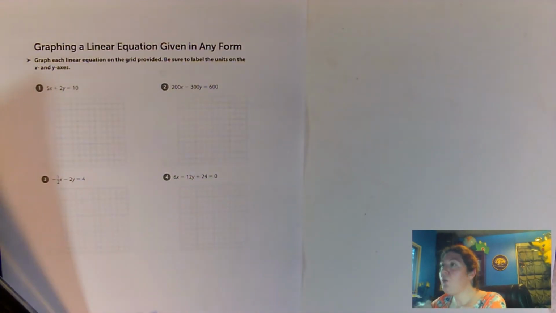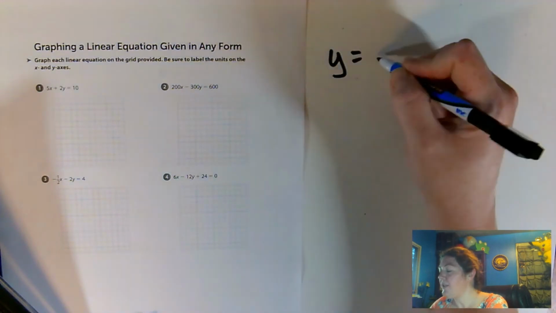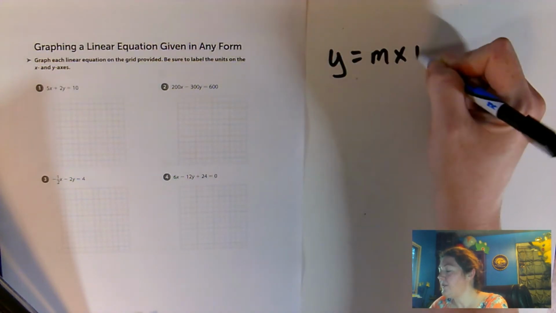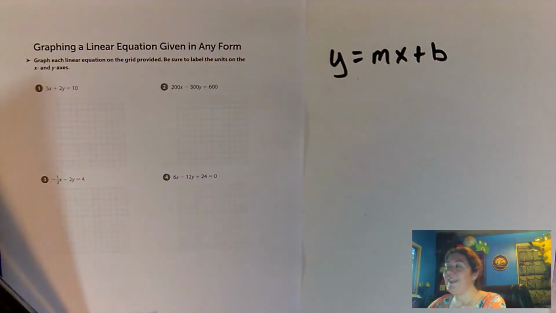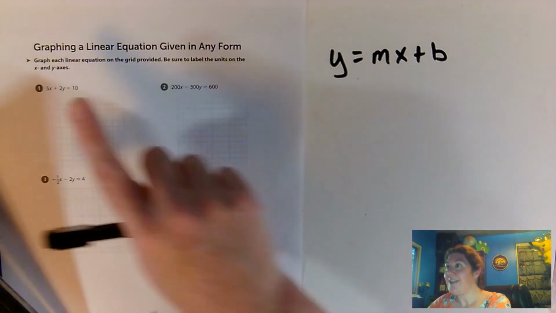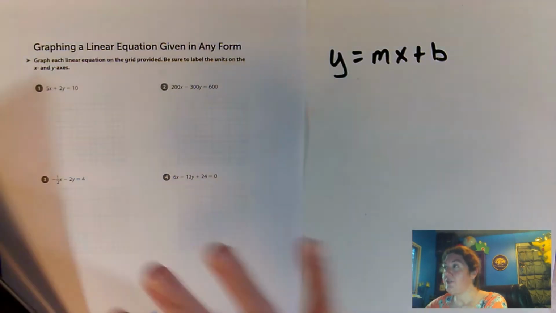Alright, when we're graphing an equation, the easiest format we can put an equation in is our very best friend, y equals mx plus b. This form right here allows us to put an equation on a graph. It's the easiest way to do it. So if we have an equation like this one that is not set up in this format, the best thing that we can do is swap that equation around.